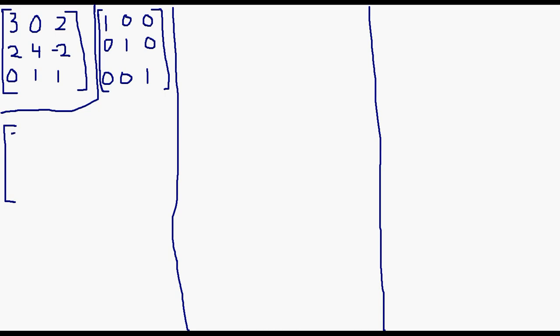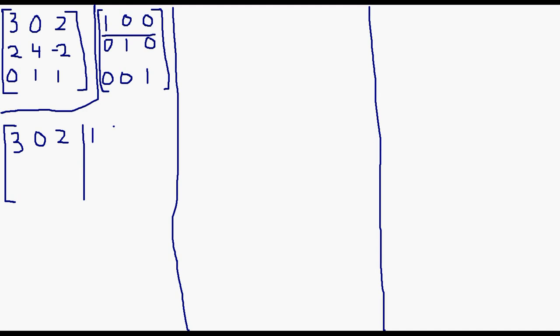So 3 0 2. Bring a parallel line here. Then continue with this side. So we are trying to bring it with the inverse, the identity.